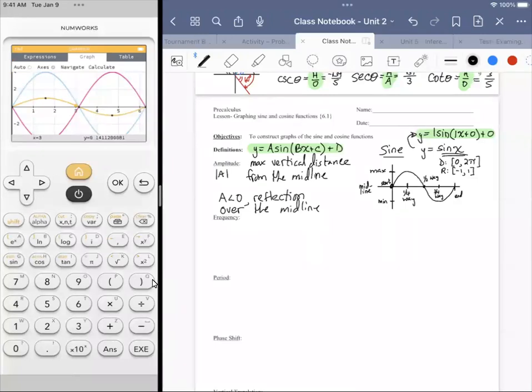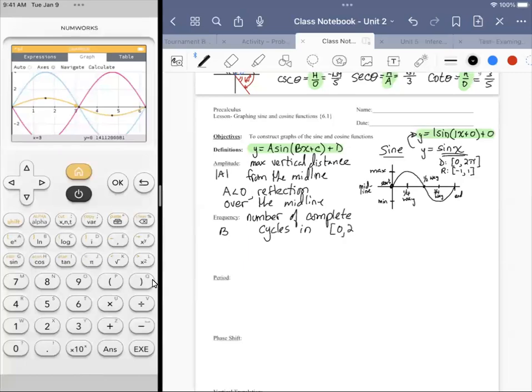All right, now the b value is your frequency. I'm going to make a little room here. Frequency is the number of complete cycles in the interval of 0 to 2 pi.